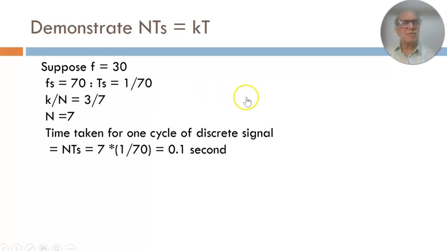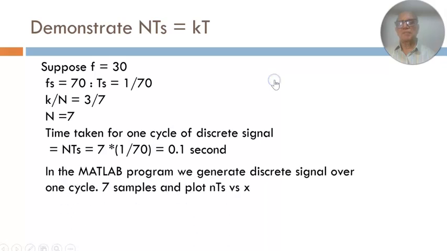That is simply a sampling frequency chosen to simulate the continuous time signal. So don't be worried about that. That sampling frequency can be anything. But the point is, if you plot the sine wave for the duration of 0.1 second, you should see 3 cycles. That is going to demonstrate this equation n ts is equal to k times t.